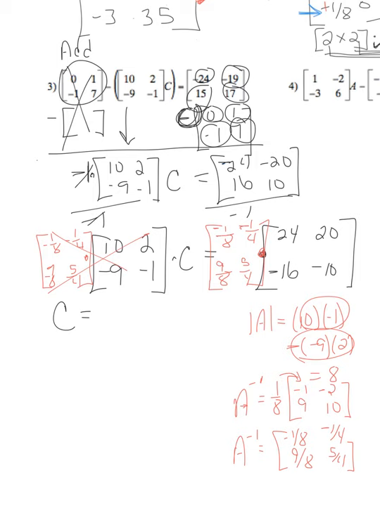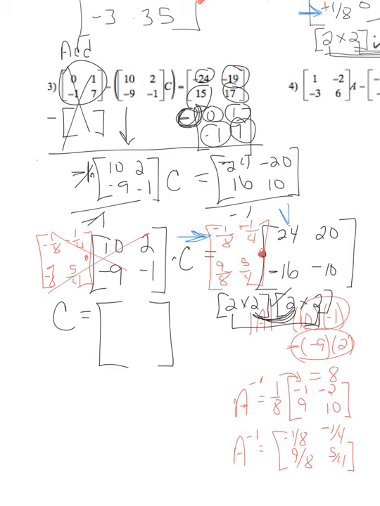Okay, let's see if it can actually be done before I even waste my time. So here, this one is a 2x2, and this one is a 2x2. Okay, those two are the same, so that's good. That means the answer is the size out there. So it's going to be a 2x2 matrix. Okay, so I'm going to start with this one. I want this row times this column.